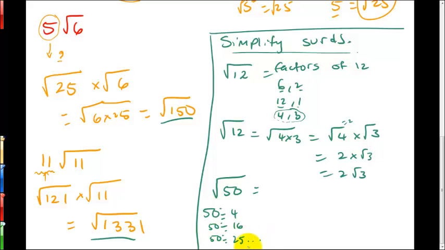When we did 50 divided by 25, that actually gives us 2. So we know that 50 would have been the square root of 25 times 2, because the factors are 25 and 2, right? So the square root of 25 times 2, and the same thing as before, we can split them up, getting 5 root 2. Okay, hopefully that helps now.